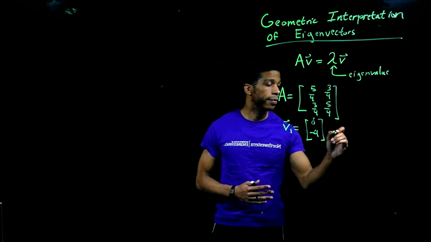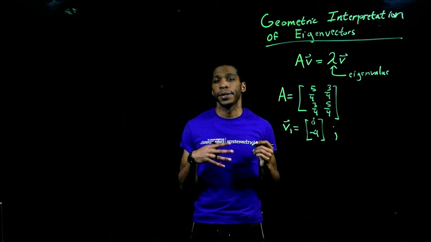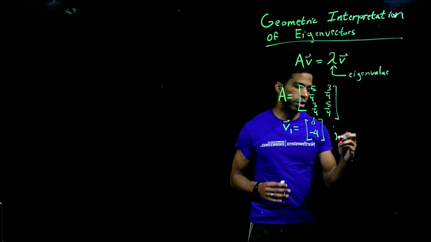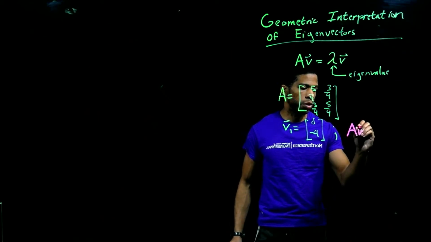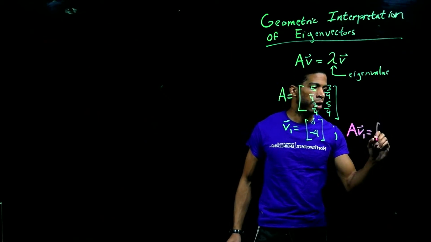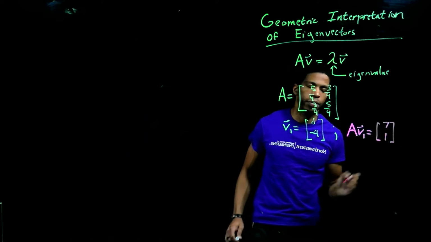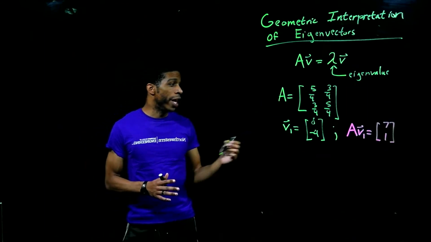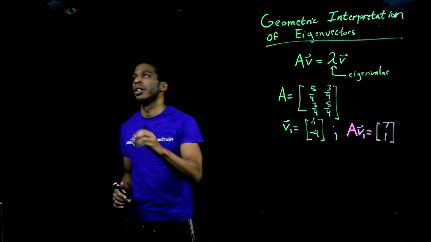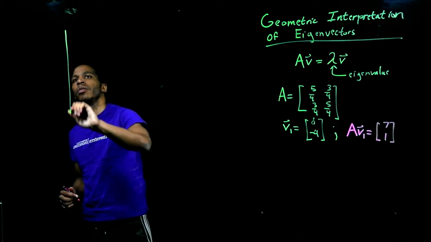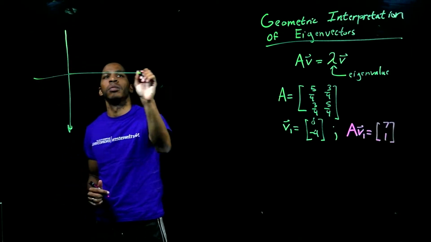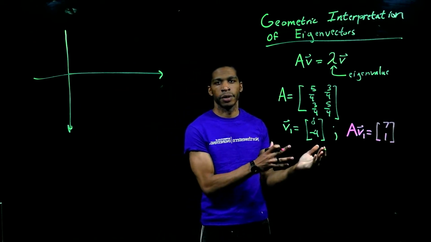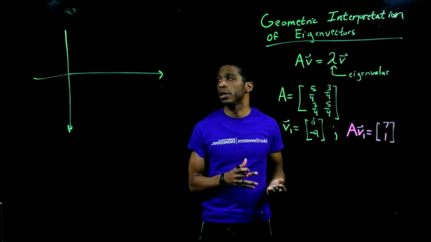Okay. So, if you did it right, AV1 should have been 7, 1. So, let's go to the graph and see what A has done to V. The vector V1 is 8, -4.